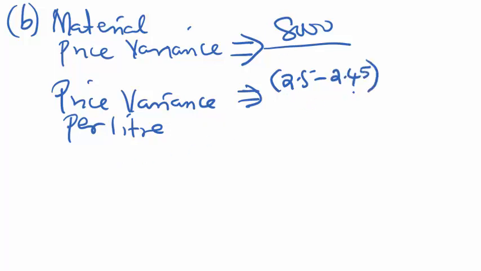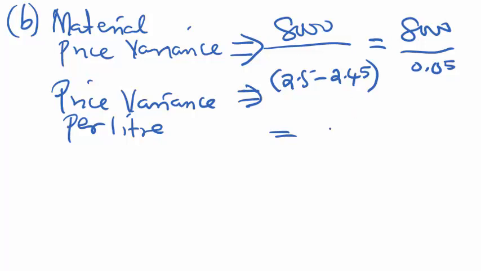If you get this, you end up having 8,000 divided by 0.05, and on the calculator it will give you 160,000.